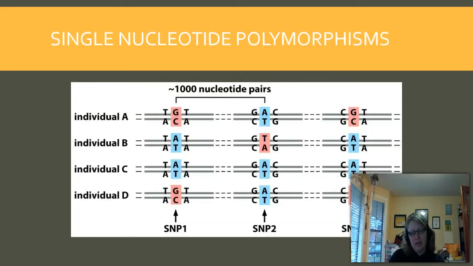Another big thing that we do in genetic testing, this is becoming a very big backbone of research, is single nucleotide polymorphisms. Now, if you remember back to Unit 2, we talked about how you and I vary by about one base out of every 1,000 nucleotide pairs, and these are called single nucleotide polymorphisms.